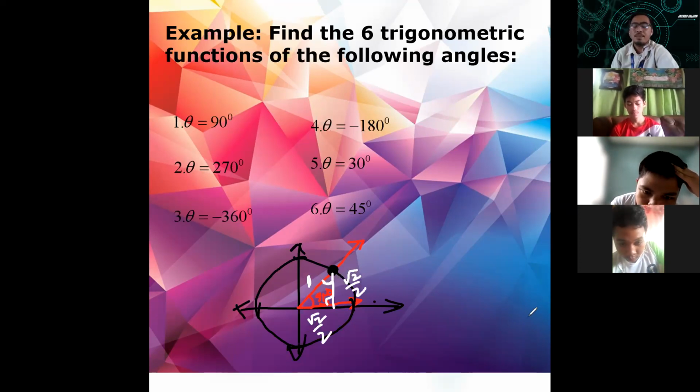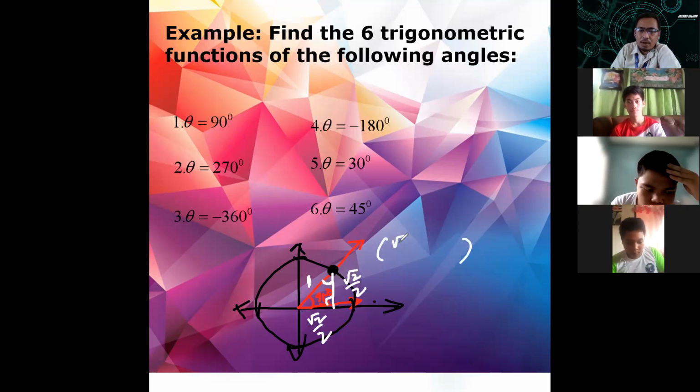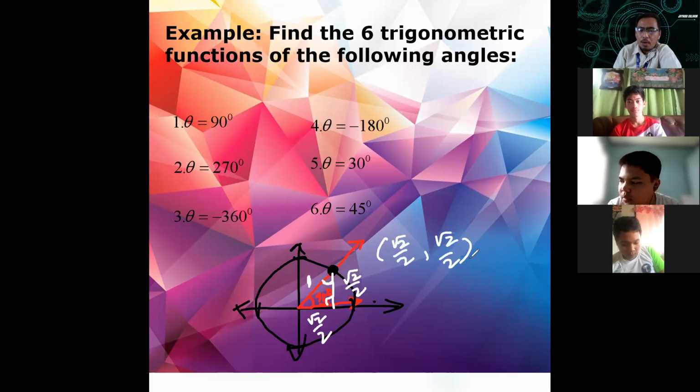Remember, your x is square root of 2 over 2, and that is positive. Your y is square root of 2 over 2, and that is also positive. Both positive because your terminal point falls in quadrant 1. If it is in quadrant 2, the signs are negative for x, positive for y. In the third quadrant, both negative.